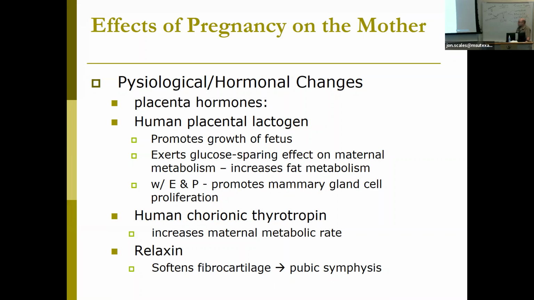And the increased estrogen and progesterone that's being produced, so the corpus luteum is just cranking out progesterone like crazy, all of that promotes mammary gland cell proliferation. It also induces prolactin, which will induce those epithelial cells to start synthesis of milk.